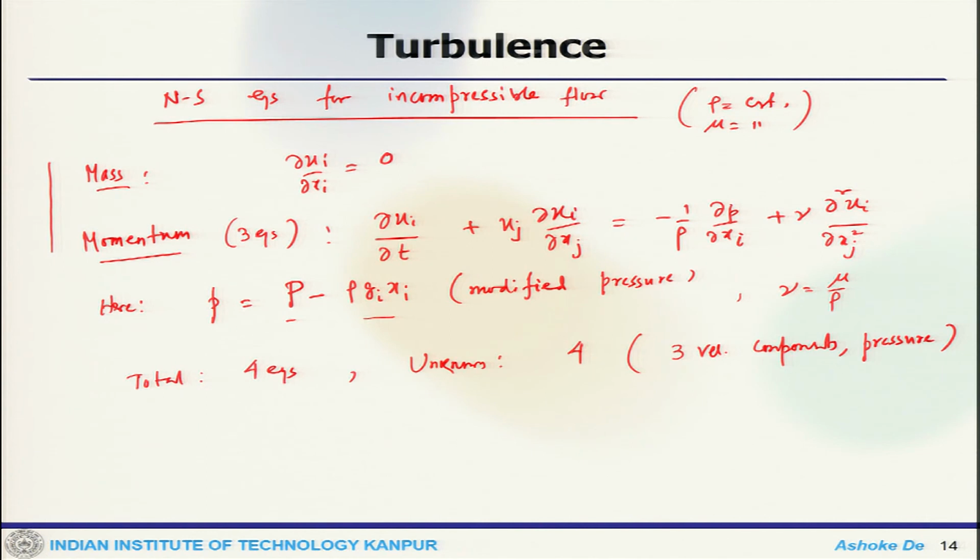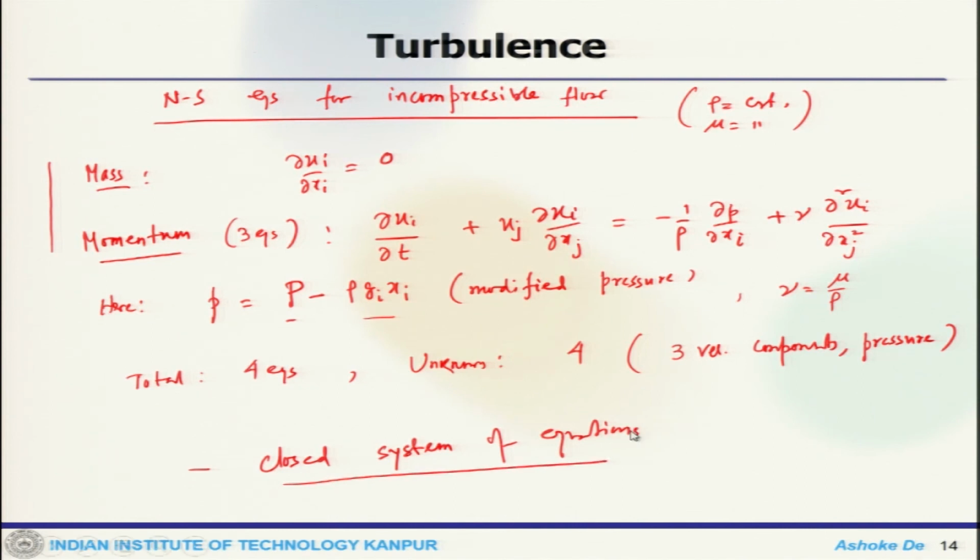Okay. So, one can think that you have number of equations equal to number of unknowns. So, this is a sort of closed system of equations for given initial condition and boundary condition.